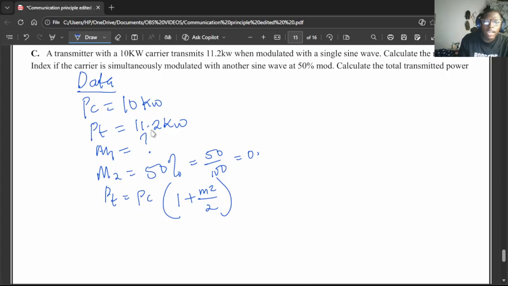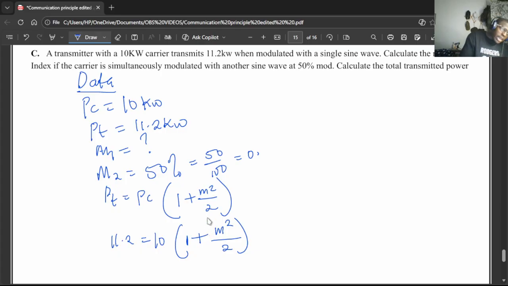Now, imputing the values, we know your PT here is 11.2, and this is equal to, what's your PC? 10, right? So we have 1 plus M square divided by 2. Your interest is to make M1, your interest is to make M the subject here, right?